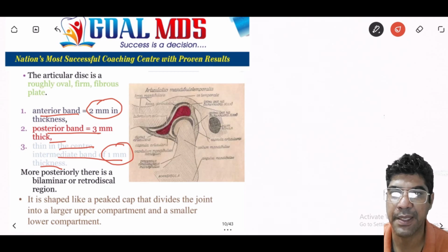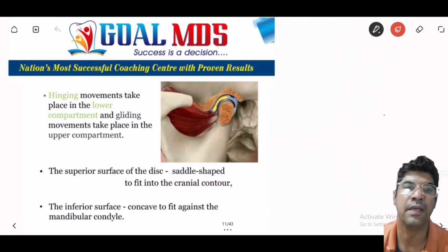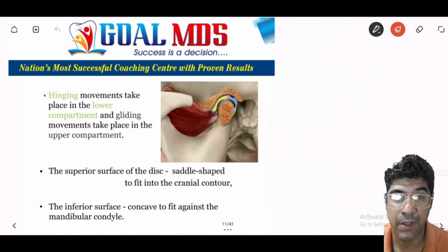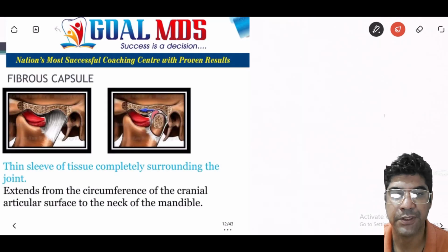Whereas the intermediate band is 1 mm in thickness. It is thinner and plays a role in absorbing and distributing forces during jaw movement.